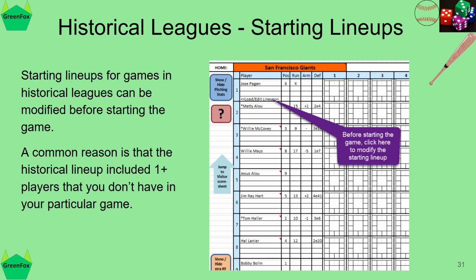So really, if you want to make multiple adjustments to your batting lineup, it's easier maybe to do it using this button, or click this cell. Or if you just want to swap out a player, it's easier just to click on their name and you can swap them out. And you have to do that before you start your game.